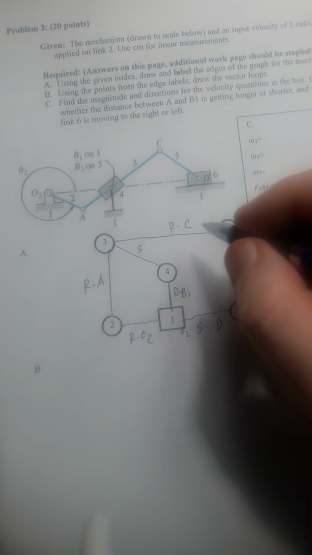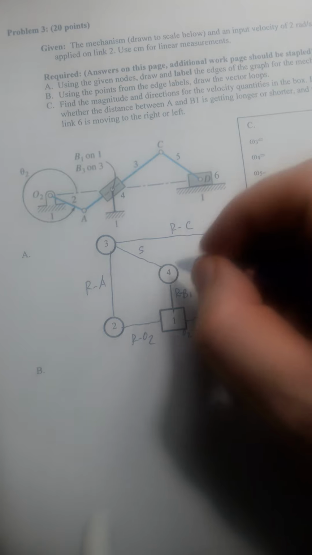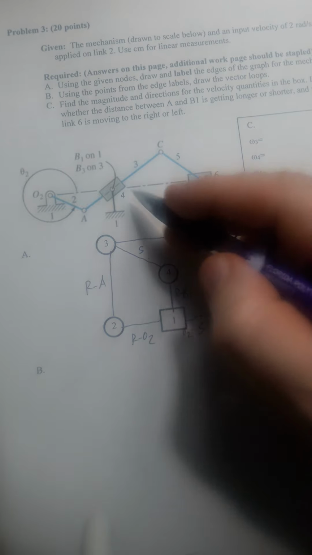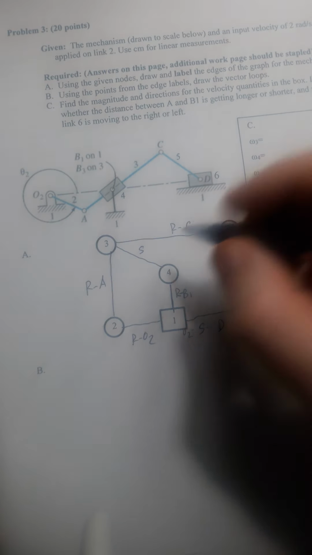For this slider, once again, we've got a point on 4 that's B1, and this point B3 we really don't care about.